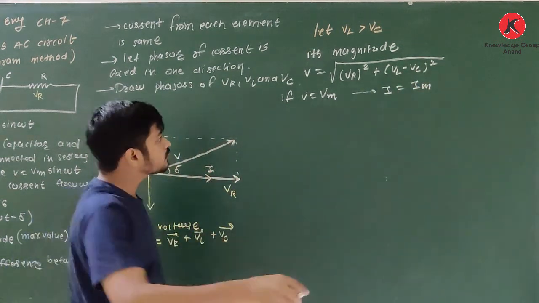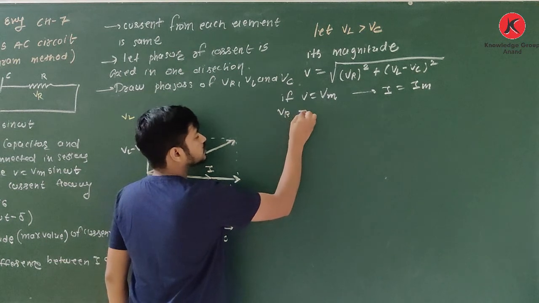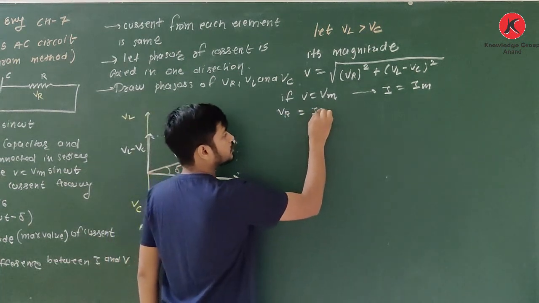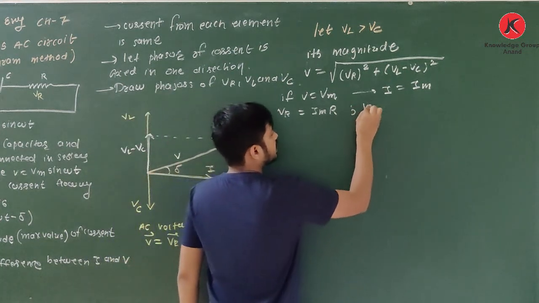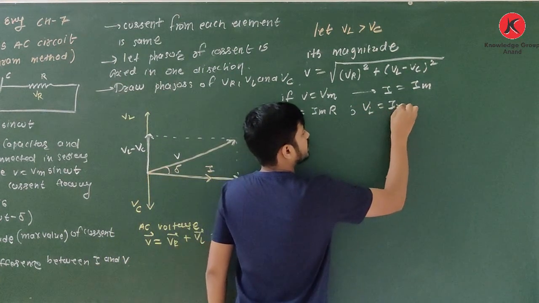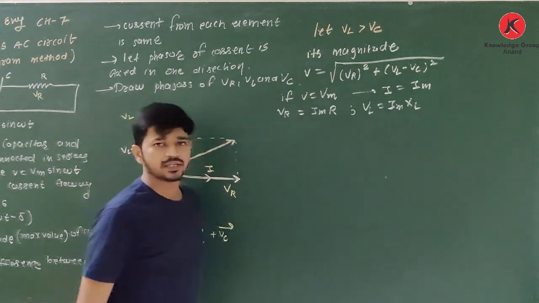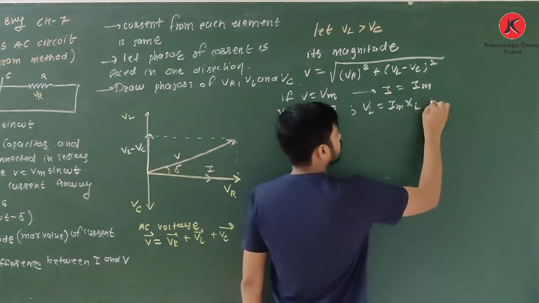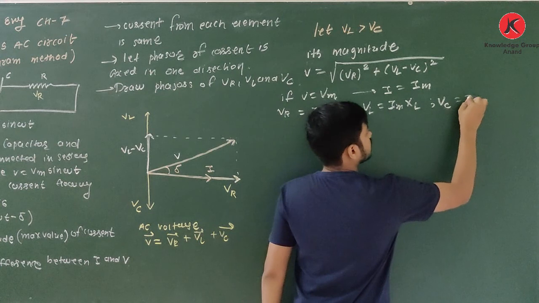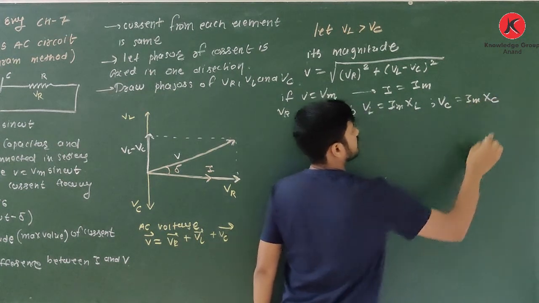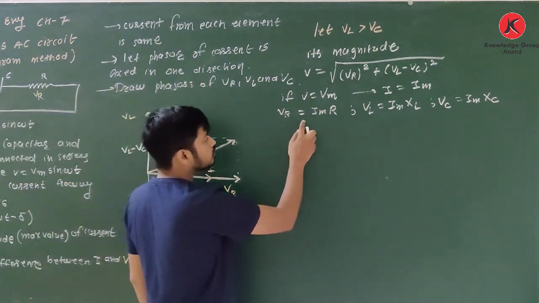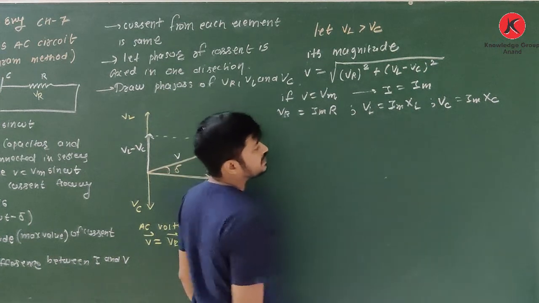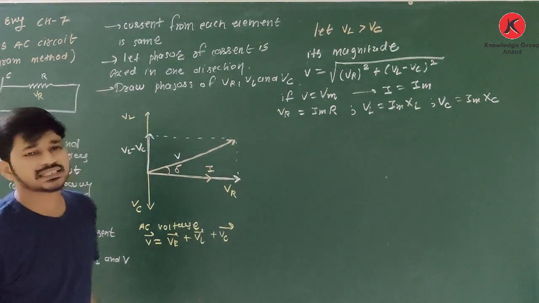The potential difference across the resistor, VR, is I and R. Across the inductor, VL is I and XL, where XL is inductive reactance. Across the capacitor, VC is I and XC. So VR is ImR, VL is ImXL, and VC is ImXC.